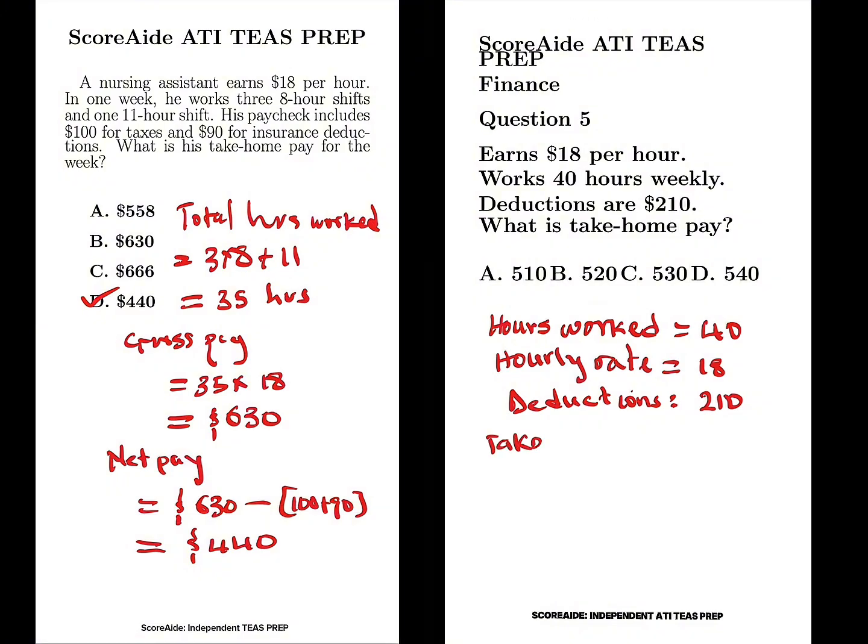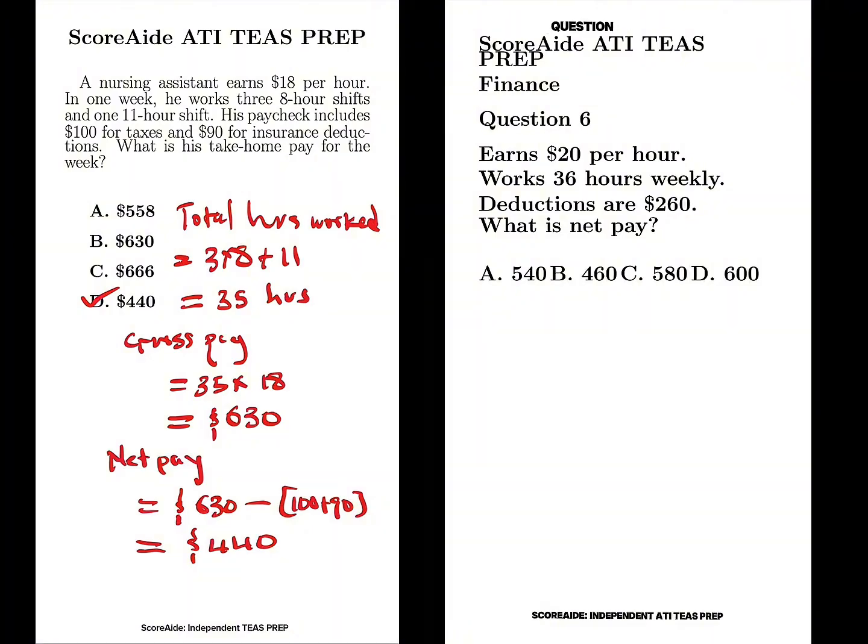Take home pay will be what? 40 times 18 minus 210. So this is going to be 40 times 18 minus 210, which is going to give us 510, right? That's going to give us $510. So the answer is going to be A as the take home pay.